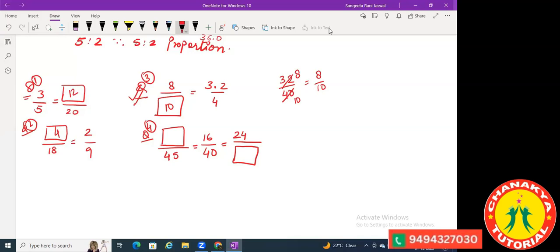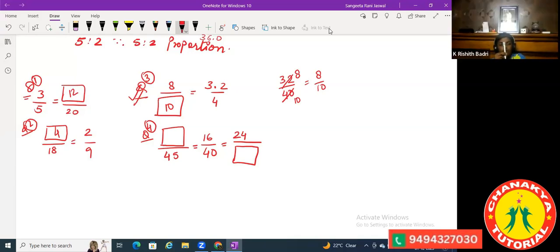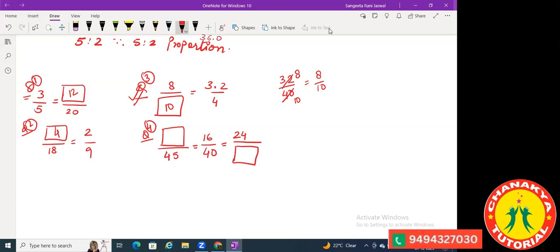Here you have to find 2 boxes. What will come in these 2 boxes? Ma'am, first box I got the answer as 8. Okay. Find the other one. Let everyone else also do it, and we'll share the answer.